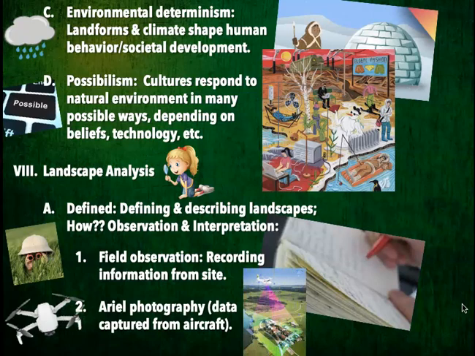Another way of doing landscape analysis, which has become much more common nowadays, is through aerial photography, whether we're talking about airplanes or drones, able to take, a lot of times, high definition photographs from up above, and give us a better understanding of landforms and the landscape itself through those means.